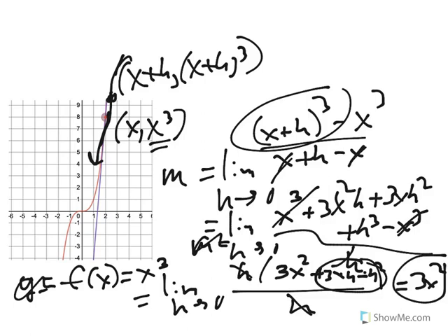So that means you could take any point on this y equals x cubed function, and if you want to know the slope of the tangent line, according to this, it's 3 times whatever the x-coordinate is squared, so the slope of this one at x equals 1 should be 3 times 1 squared, which is just 3.